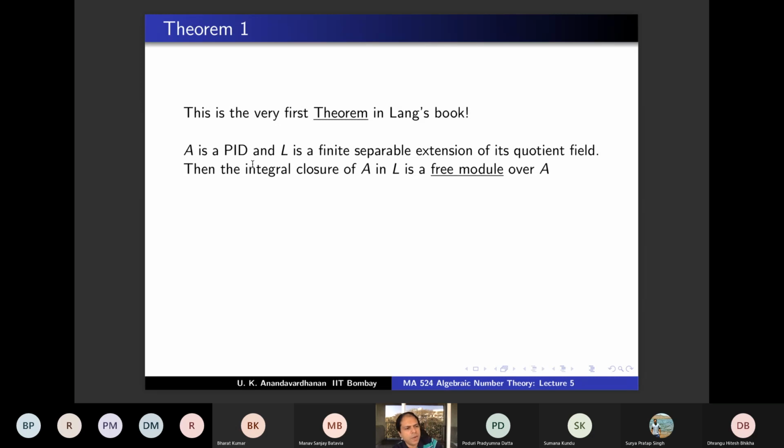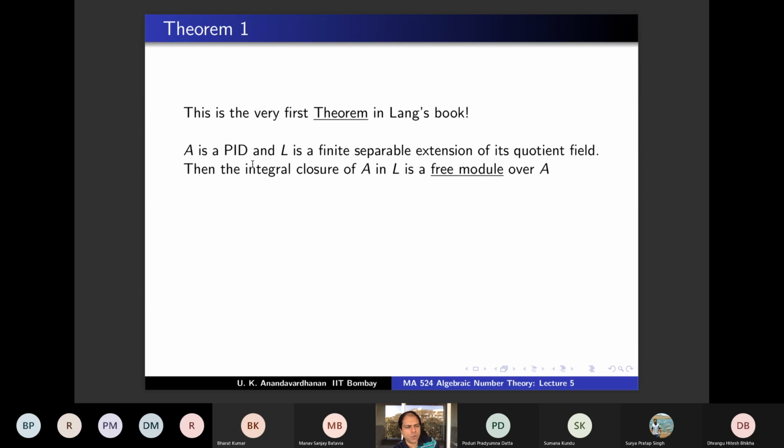But once something is a free module, there's a natural thing that you will ask, right? Suppose I give you a vector space. Is there a natural question that you will ask me about that vector space? Is it finite dimensional?